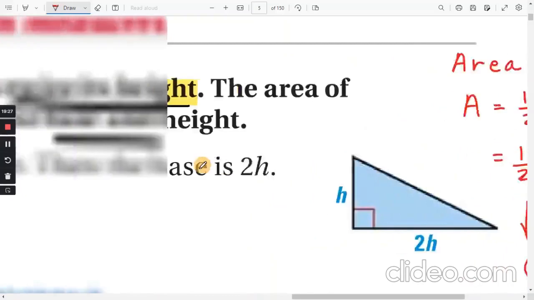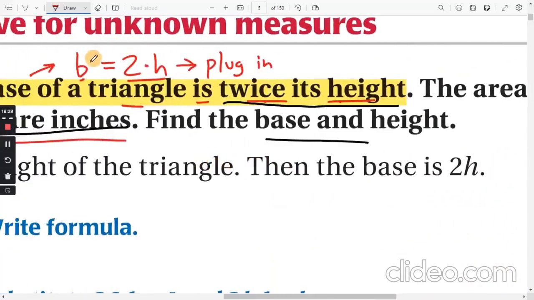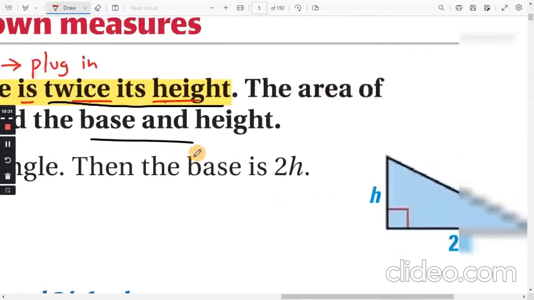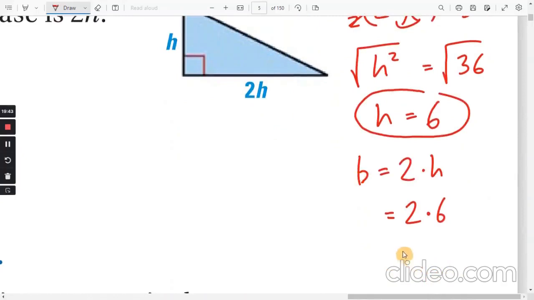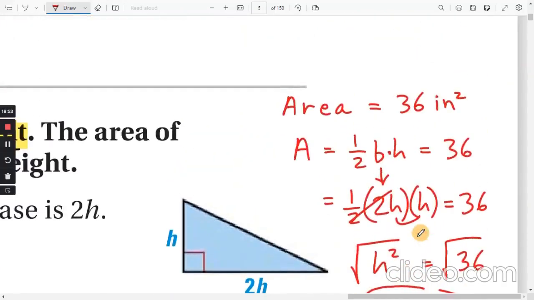And at the beginning, we said the base is 2 times the height. So if the base is 2 times the height, that's just going to be 2 times 6. And of course, that equals 12. Now, the only thing I forgot is that the area was in inches squared.